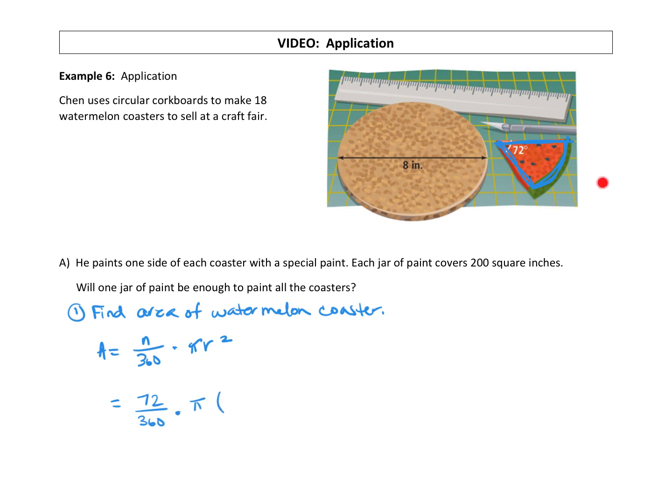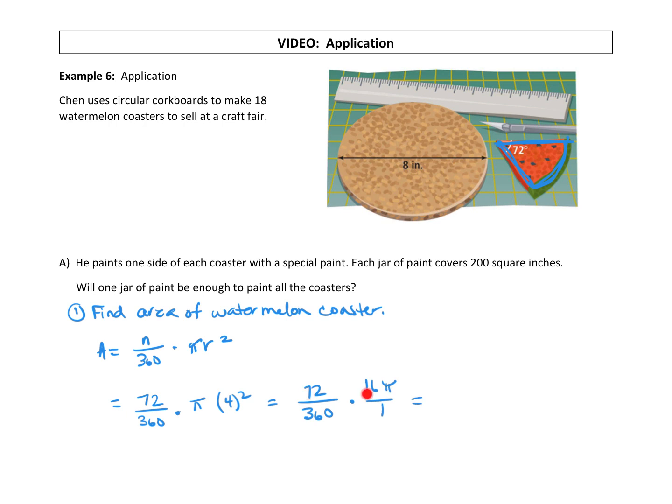In this little slice, we don't really see what the radius is, but over here they were showing us that the diameter is 8. If the diameter is 8, the radius is going to be half of that. So we know our radius is 4. All right, so we have 72 over 360 times 4 squared is 16, so times 16 pi over 1.